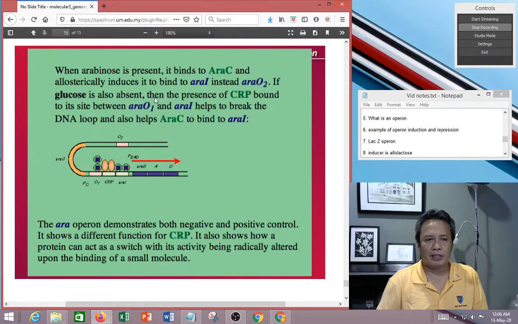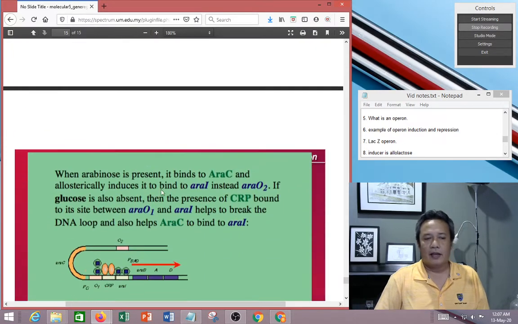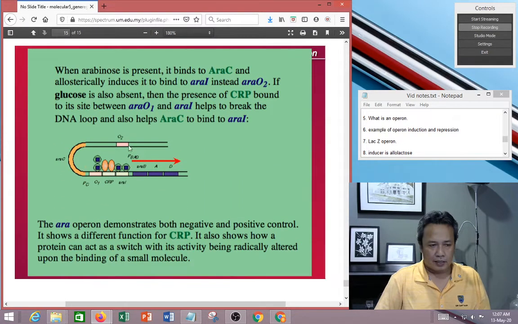If glucose is absent, the presence of CRP bound to its site helps break the DNA loop and helps AraC to bind AraI. Now you have this, see the difference: when arabinose is absent, it becomes like this. If arabinose is present, then it becomes like this. So then you get positive activation of the promoter.